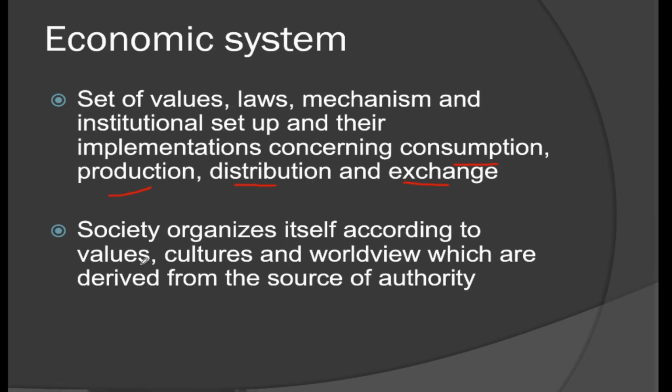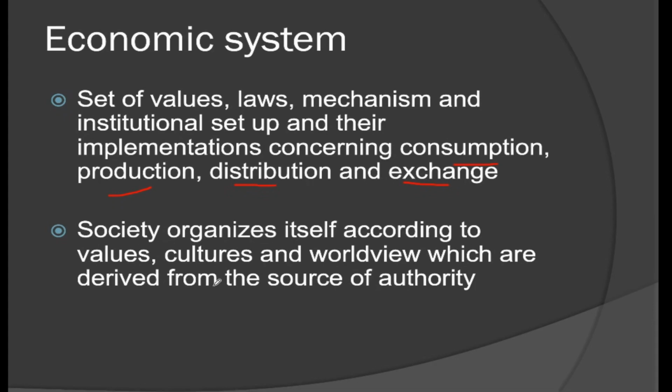A quick answer to this is because different society would organize itself according to certain values, cultures, and worldview, which are derived from the sources of authority of knowledge of that particular society.